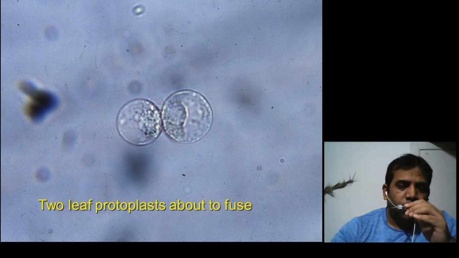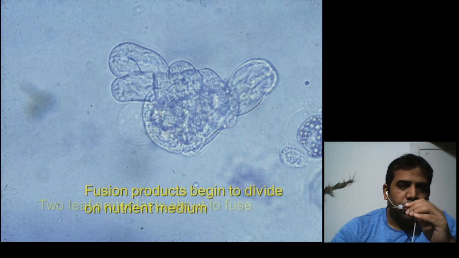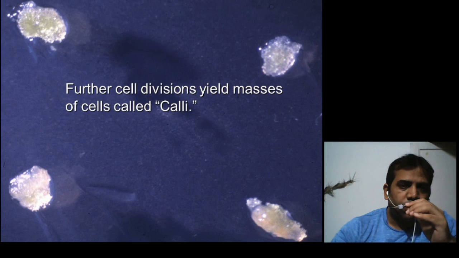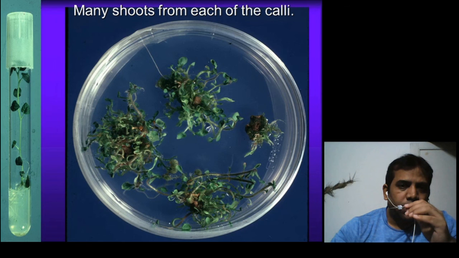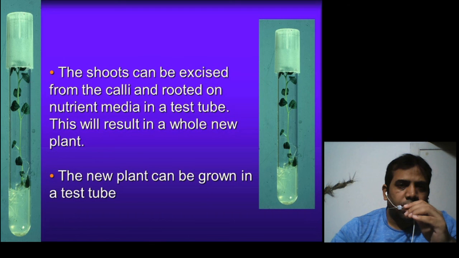Here two protoplasts are about to fuse. Once they fuse, they start to divide, and once they start division, they form calli. When exposed to light, they turn green, and then shoots emerge, and they are allowed to proliferate on a suitable medium. Multiple shoots are each able to convert into a complete plantlet.